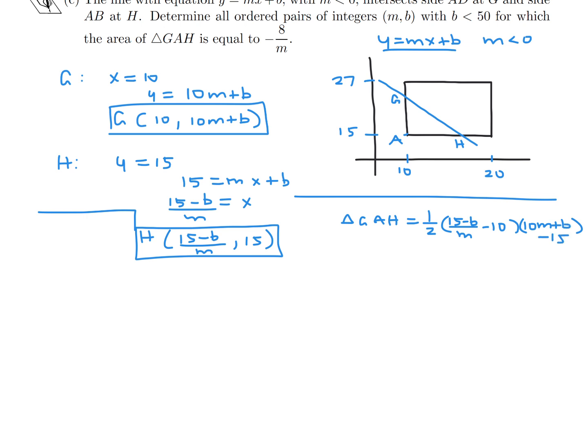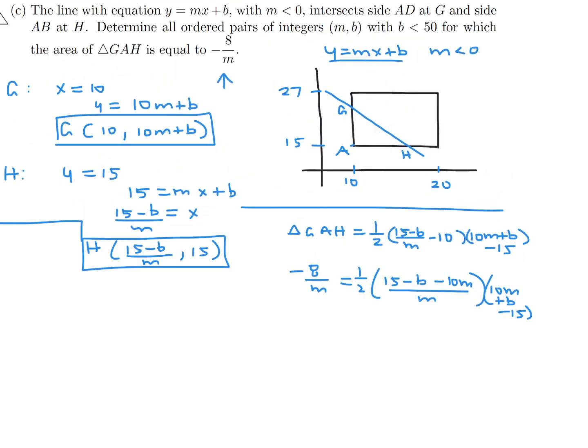And then of course this side is this guy right here. They've told me it's minus 8 over m. Okay, so I got a lot of algebra here, which sucks. Okay, let's do this. So we have 15 minus b minus 10m over m, and nothing changed on this side, 10m plus b minus 15.